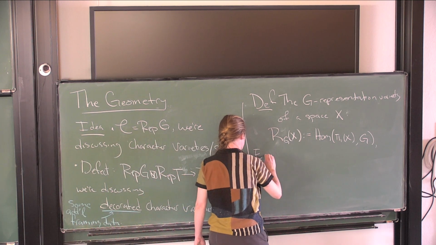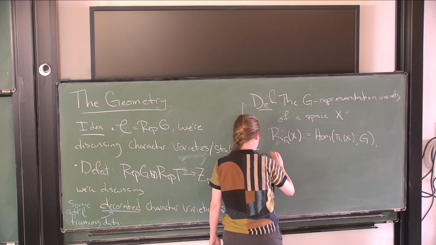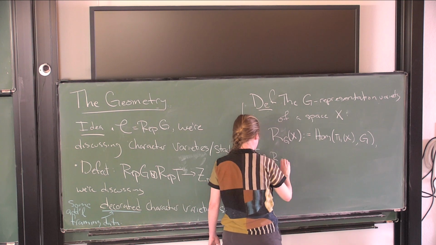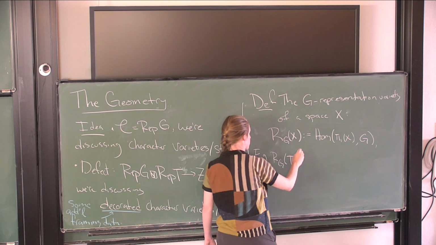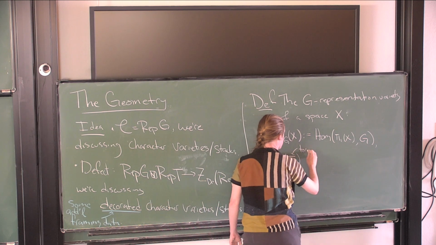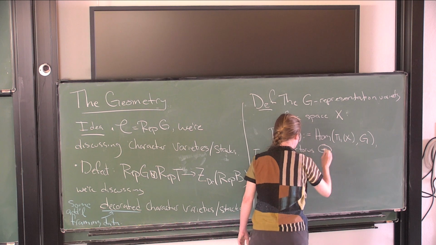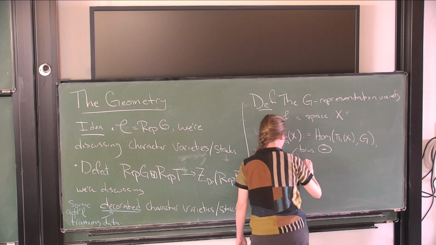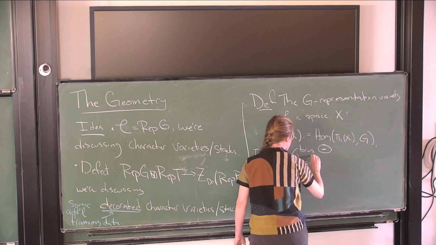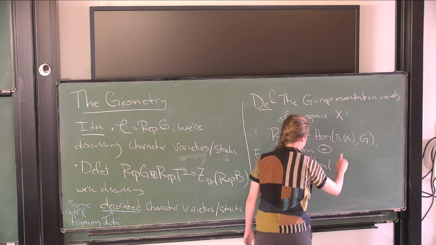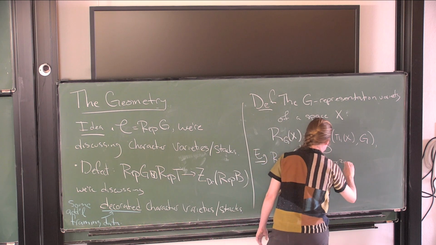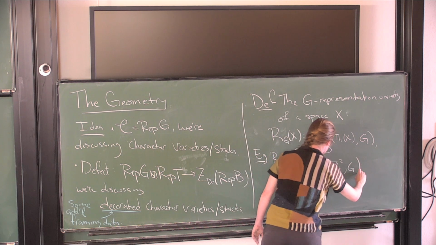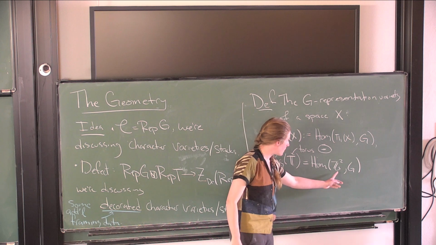Here's an example. I think R_G of, so this will be the torus that we all know and love. This is going to be homomorphisms from the fundamental group of the torus, just Z squared, into G. Right?